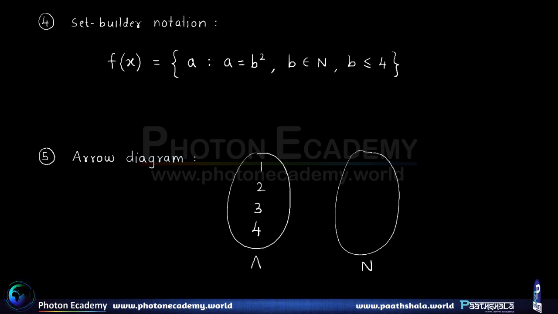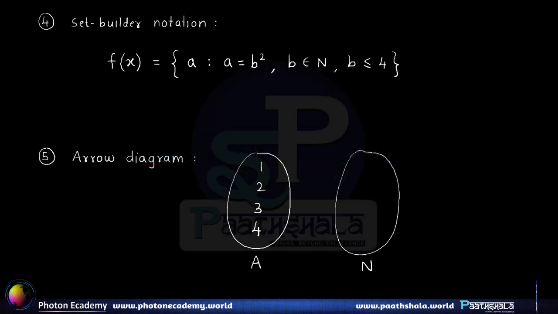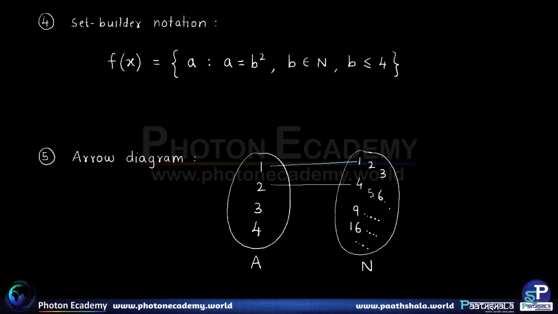Let's call the first set, say, A, right? Now when I say the set of all natural numbers, it will include all the numbers 1, 2, 3, 4, 5, 6 and so on. Somewhere there will be 9, then somewhere there will be 16 and so on, and all the numbers in between. We know that 1 is connected with 1, 2 is connected with 4, 3 with 9 and 4 with 16. Alright, so this is the arrow diagram, that is the pictorial representation of a function.